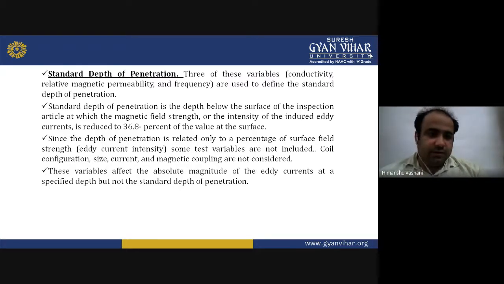These variables affect the absolute magnitude of eddy currents at a specified depth, but not the standard depth of penetration.